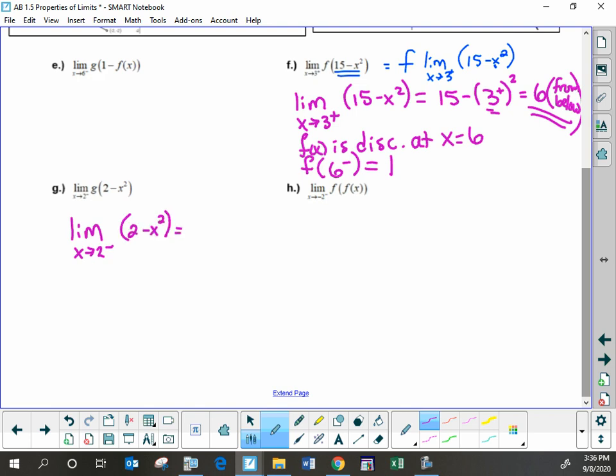That means I've got 2 minus 2 from the left squared, which makes this 2 minus something a little less than 4, which would give us negative 2 positive. Plus sign, 2 plus, right? I'm coming in from the right of 2. Something slightly bigger than 2 from right.